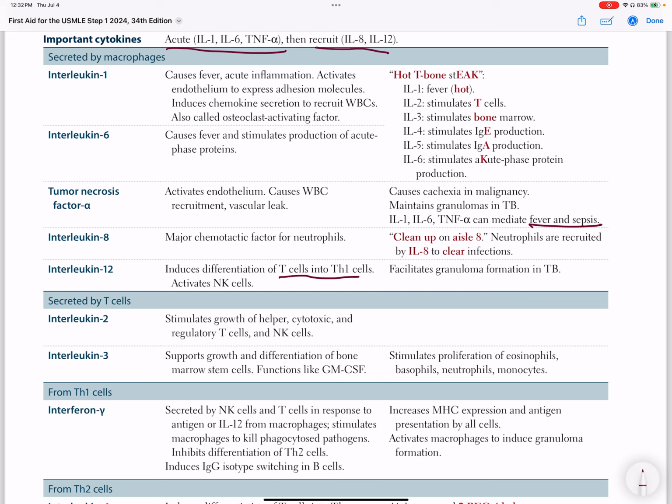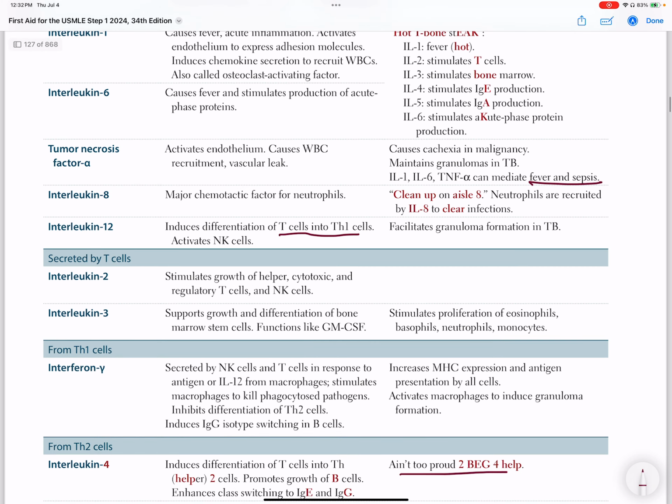IL-6 causes fever and stimulates production of acute phase proteins. Tumor necrosis factor alpha activates endothelium, causes WBC recruitment and vascular leak. It causes cachexia in malignancy and maintains granuloma in tuberculosis.